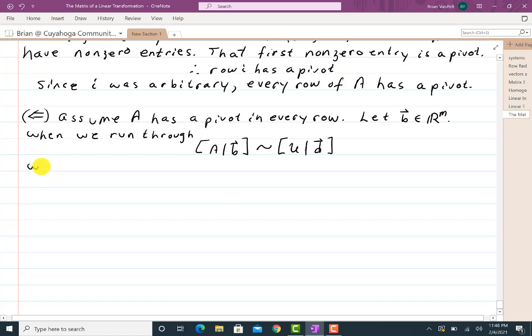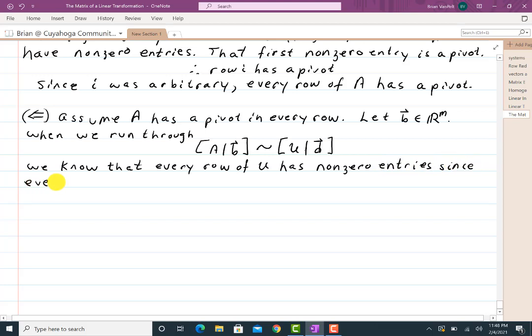We know that every row of U has non-zero entries, since every row has a pivot. Well, what does that mean? That means that we have no rows of 0.